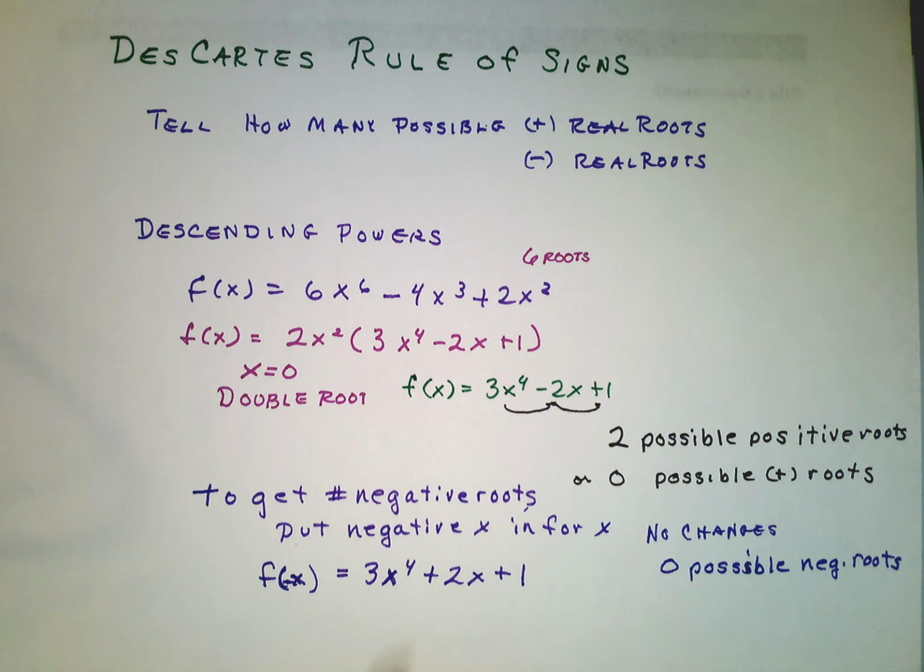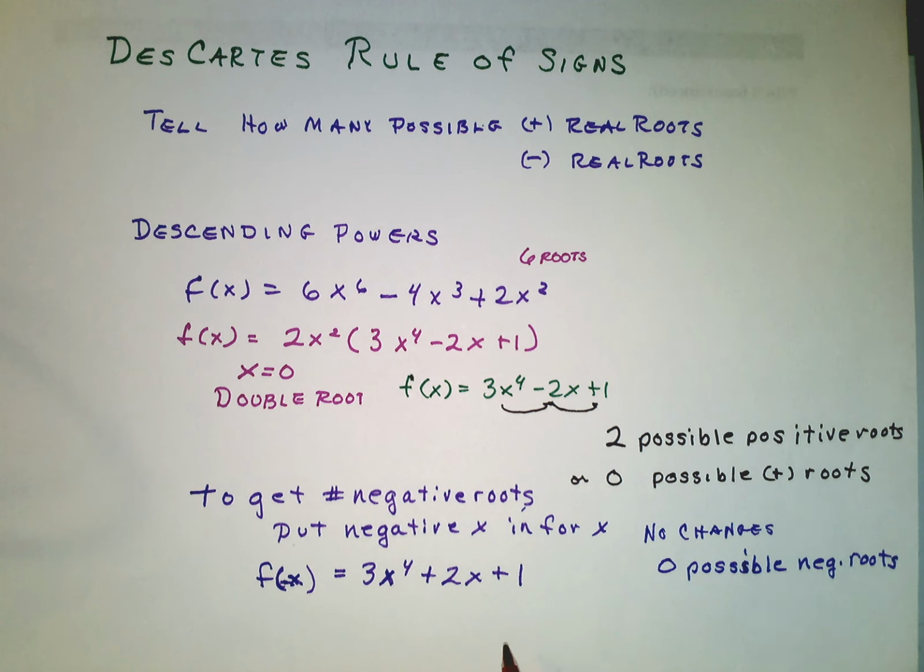So to summarize it, and they sometimes do write little charts like this, it was 6th degree, we had 2 roots that were x equals 0.